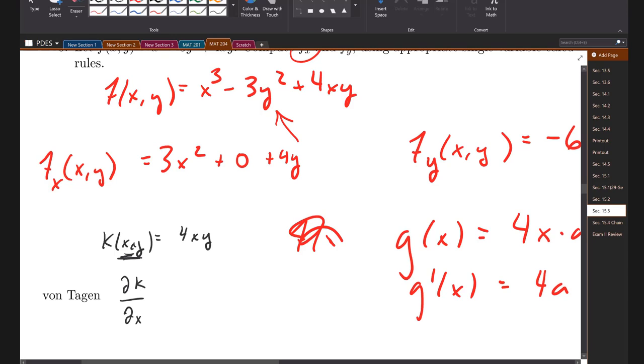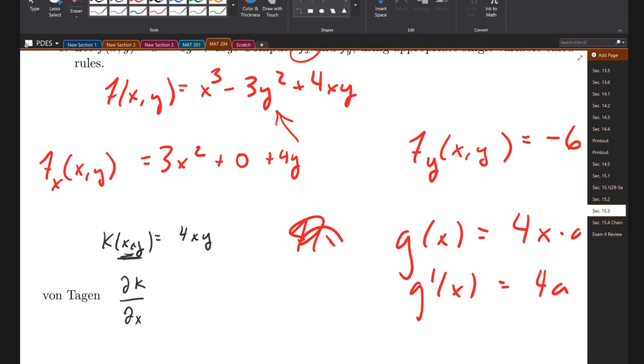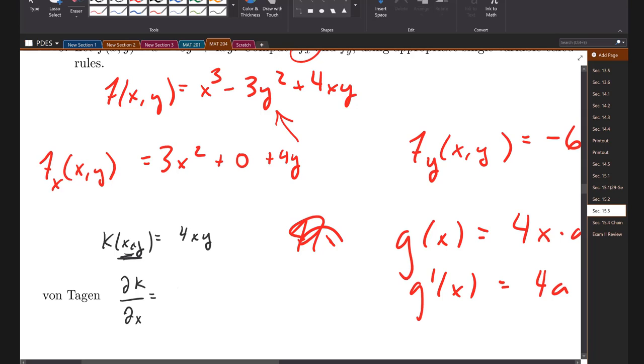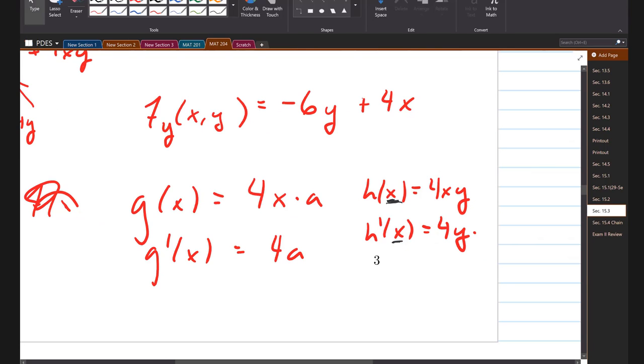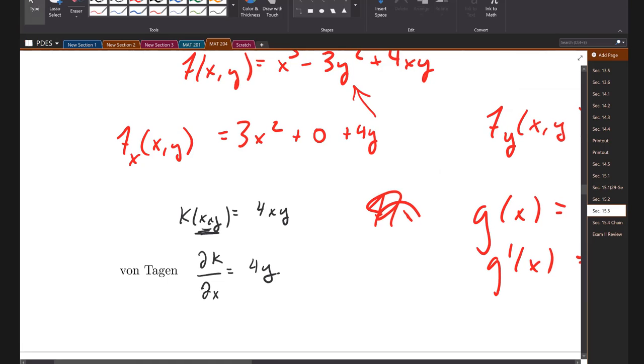But then the act of taking the derivative is to hold y as if it were constant. And so we get the same answer we got over here. The difference is that's a Calc 1 problem because this function only depended on x, so even though y looks like a variable, it is a constant. Over here, y is a variable, but we treat it like a constant when taking the derivative.